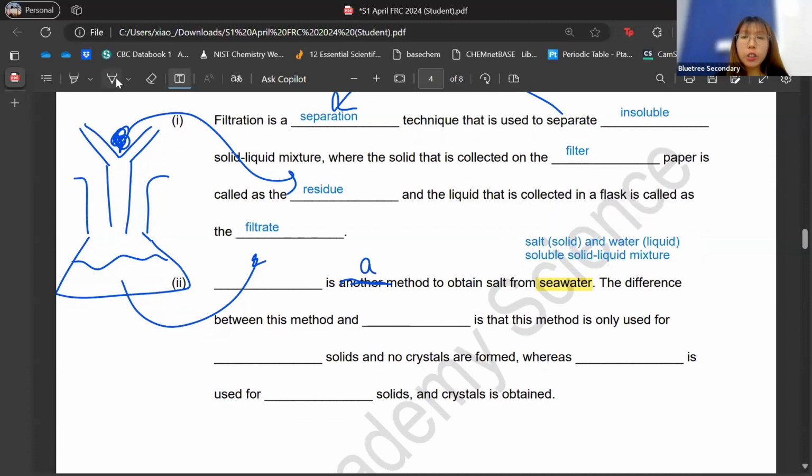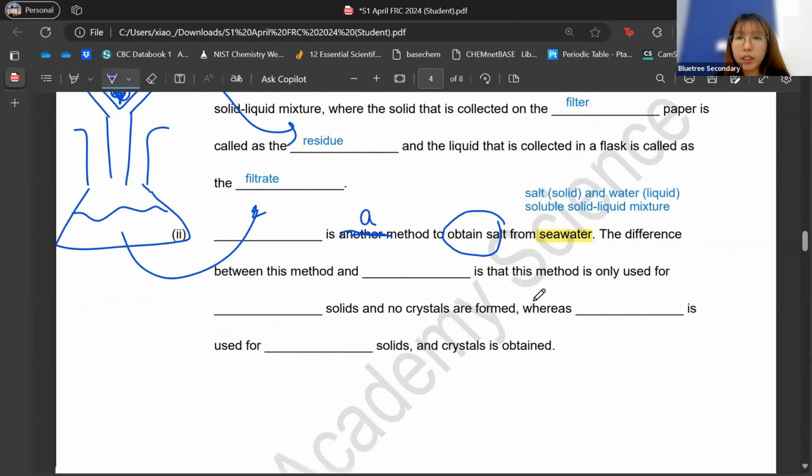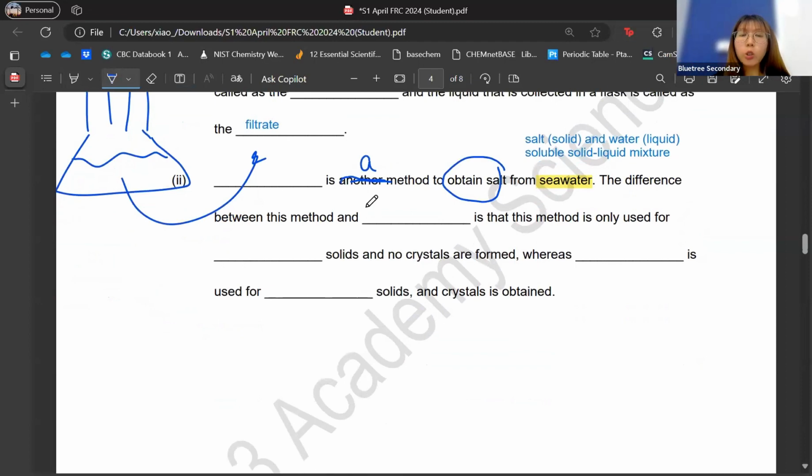Okay, then take note, for you to obtain the solid from the solid liquid mixture, there can only be one method. If you're unsure, we read on and find more clues. The difference between this method, which is this blank, and another method is that this method, take note, is referring to the first blank again.